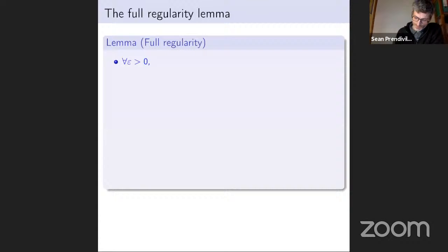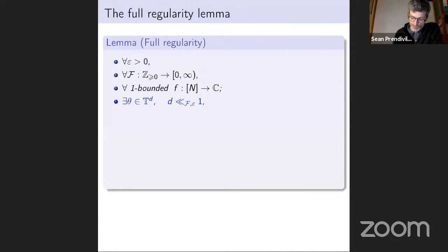So let's recap. Full regularity says you specify your smallness, you specify your growth function. For any one bounded function, you can find a frequency vector whose dimension is bounded in terms of the growth and the smallness, and a second frequency vector. So this is what the regularity lemma says, it's what we've just proved. So what have we proved?